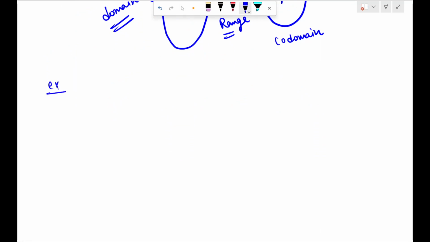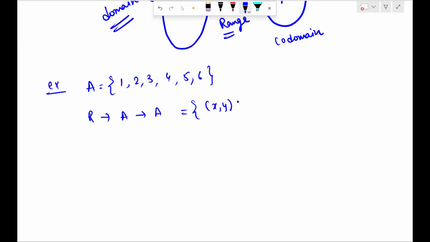Another example, where A is equal to 1, 2, 3, 4, 5, 6, and we have a relation from A to A, that is x comma y, where y is equal to x plus 1. So we can write the relation as follows.